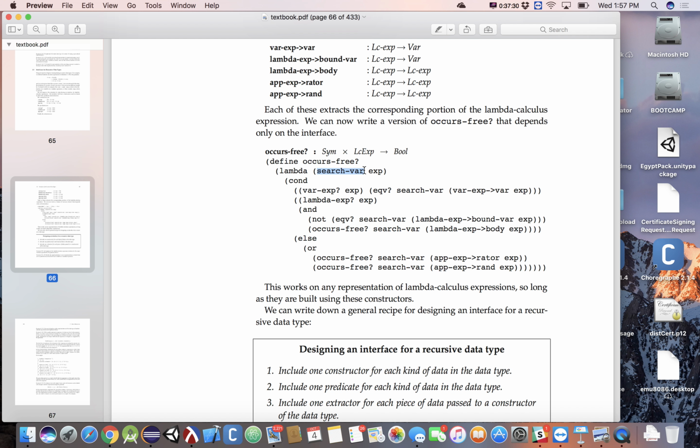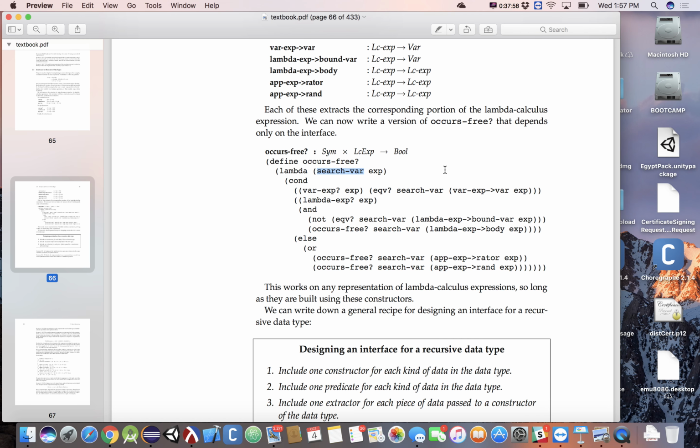Now, there's a couple of things here. What does it mean for a variable to occur free in an expression? Well, first we have to ask the initial question: what does it mean for an identifier to occur in an expression?